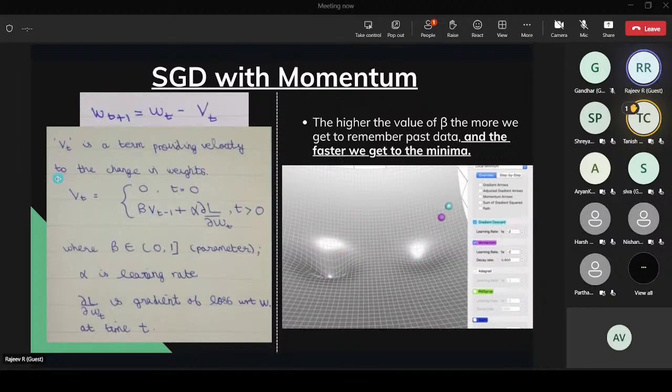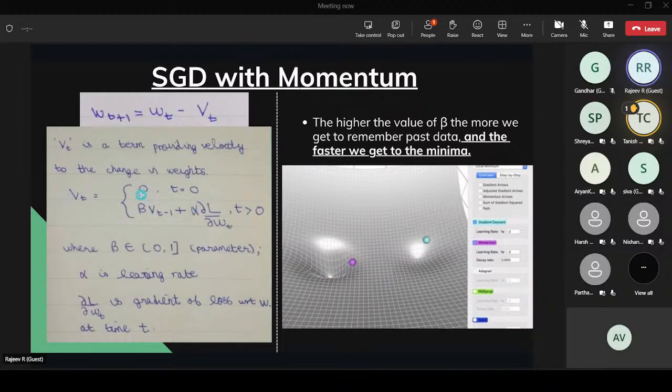So V of 1 is alpha times the gradient at that point. V of 2 is beta times V of 1 plus alpha times the gradient at the next point. Can you see that V of 2 is beta times alpha times gradient 1 plus alpha times gradient 2?